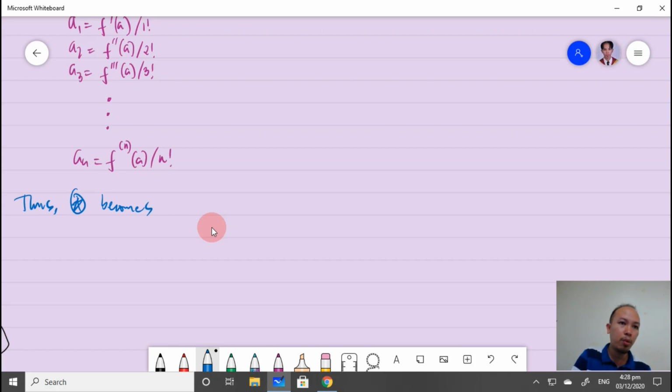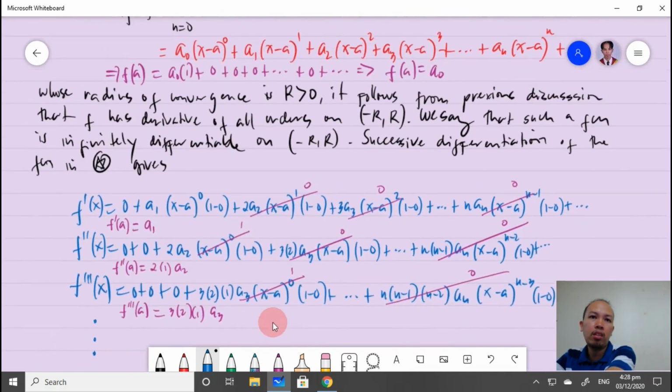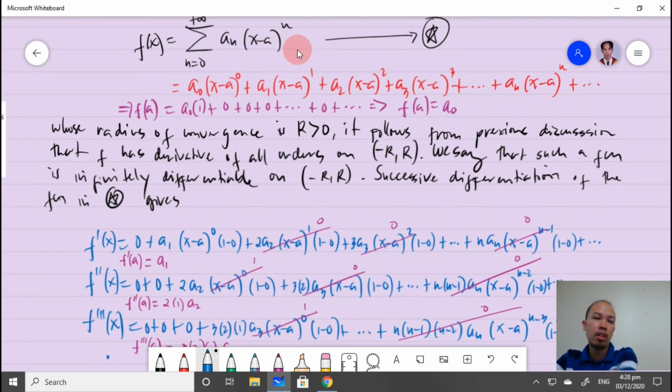Star becomes, so we replace our an. As you notice here, this is our equation star. Replace an here by the nth derivative evaluated at a over n factorial.